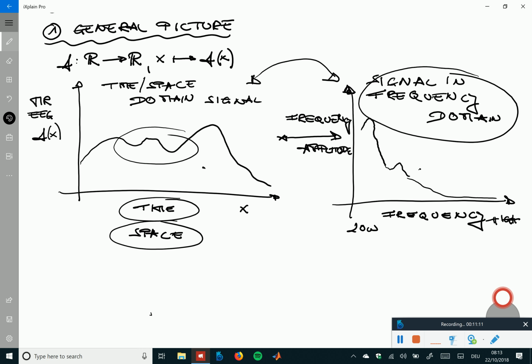So one can, of course, start and ask why? Well, that's actually not that easy to answer. Where this is originally coming from is the theory of partial differential equations, where, what's his name? Fourier, I guess.